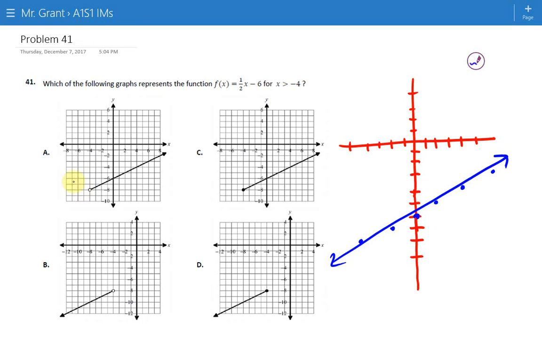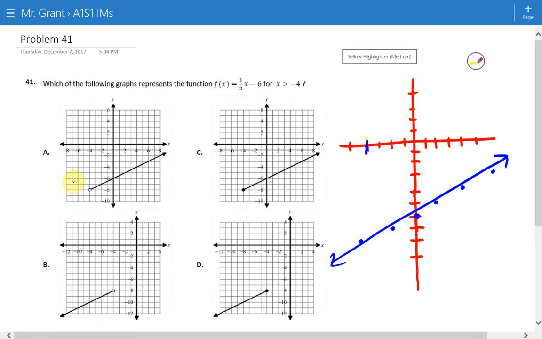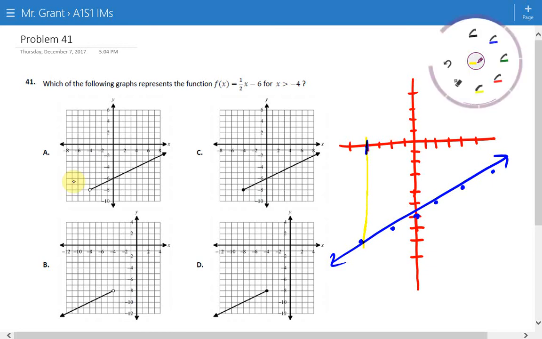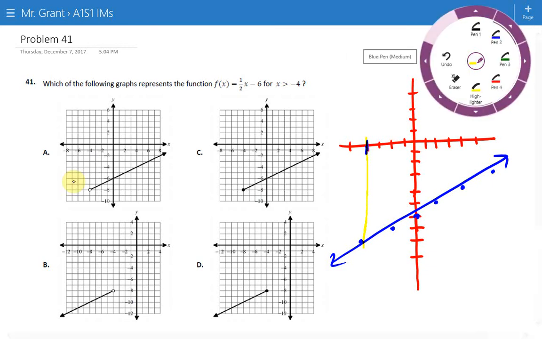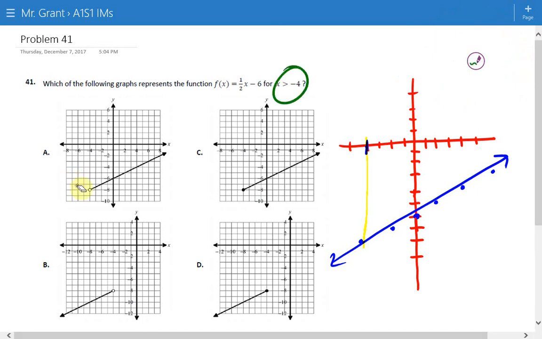Specifically, we only want the piece where x's are greater than -4. So what we need to do is figure out, well, where is x exactly -4? X is exactly -4. Let's see, I think that's right about here, right? If I draw down, that's where x is -4. And it says we want to use x's that are greater than -4.